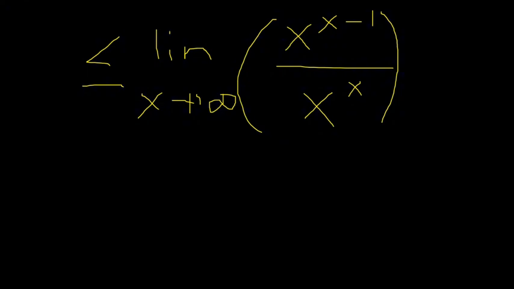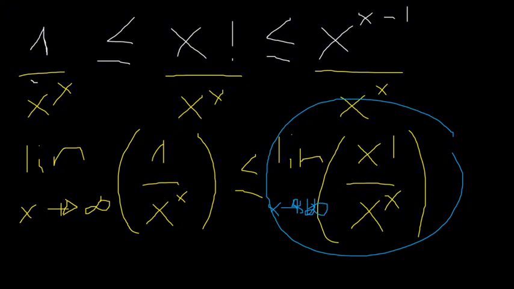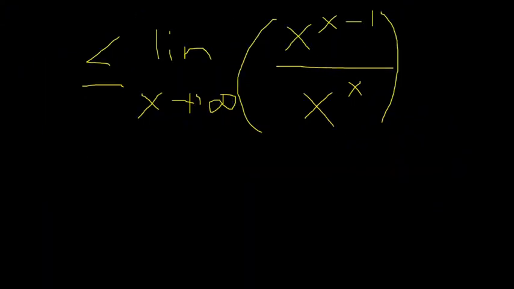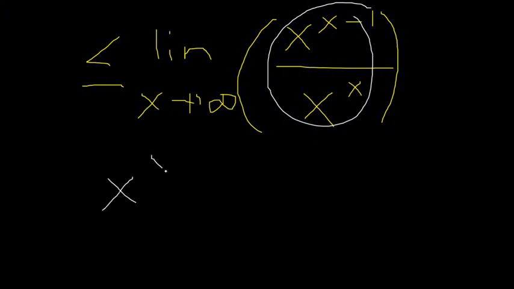Solving this will tend directly to 0 because 1 over infinity tends to 0. And at this other point, we have the limit of x to the power x minus 1 over x to the power x.